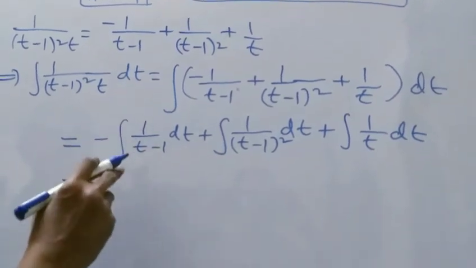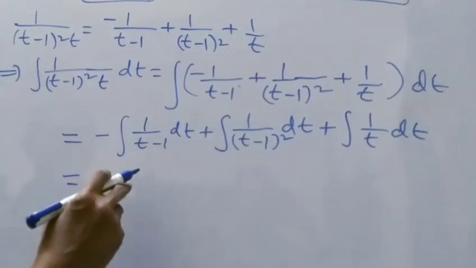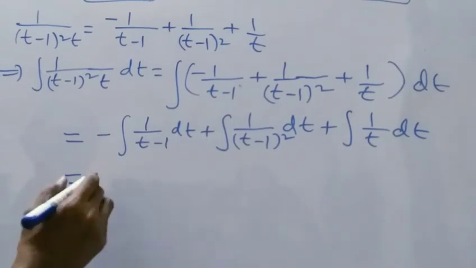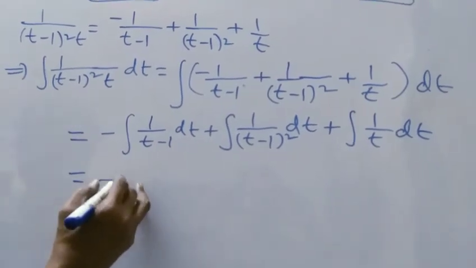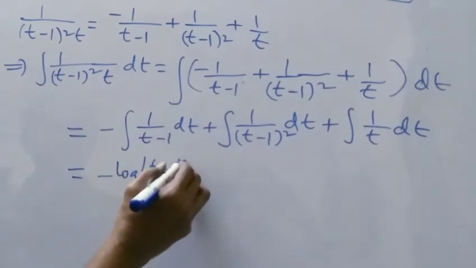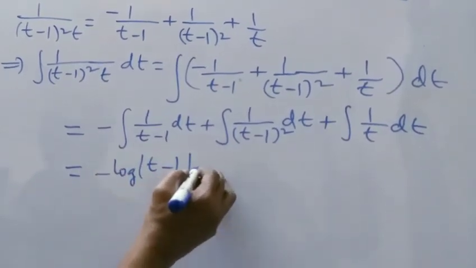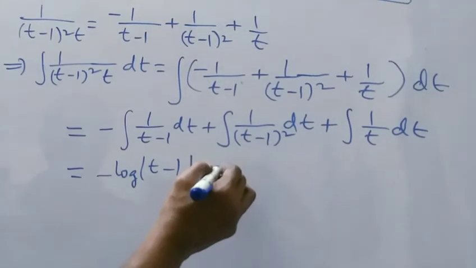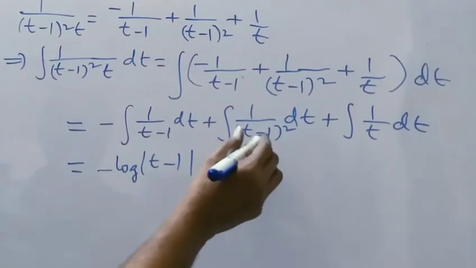Since integral of 1 by x dx is equal to log modulus x, it becomes minus log modulus (t minus 1) plus integral of 1 by (t minus 1) whole square dt.